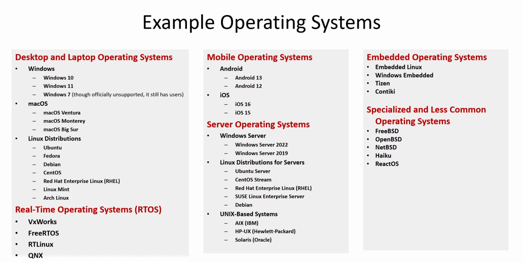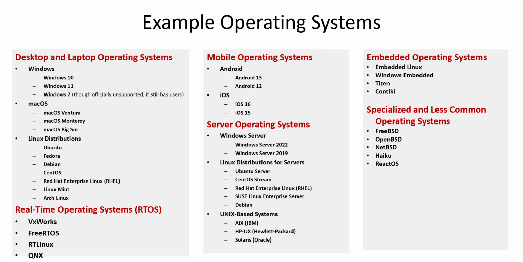For mobile, Android has multiple recent versions like Android 13 and Android 12, and iOS similarly has iOS 16 and iOS 15. For servers, you will commonly see Windows Server 2022 and 2019, along with Linux-based server distributions like Ubuntu Server and CentOS Stream. There's also a whole family of Unix-based systems still in use today: AIX from IBM, HP-UX from Hewlett-Packard, and Solaris from Oracle.